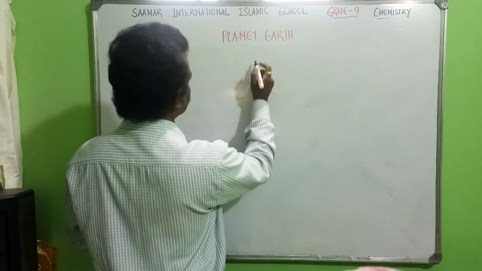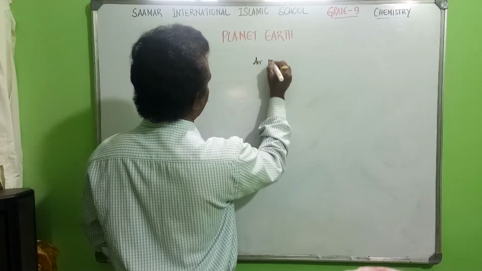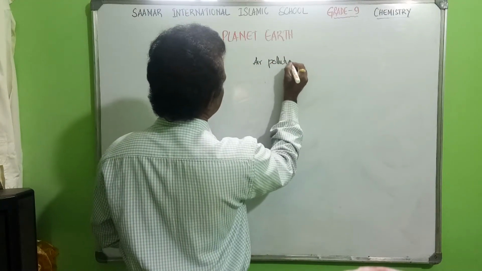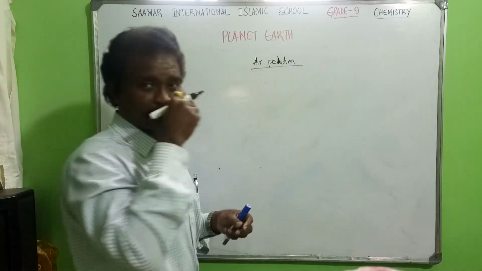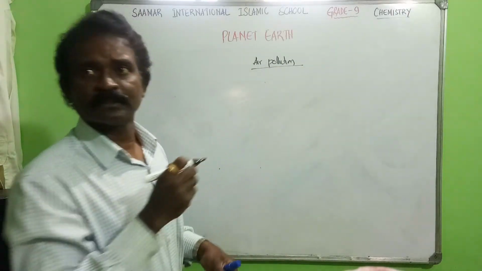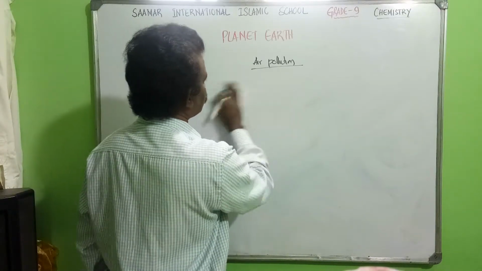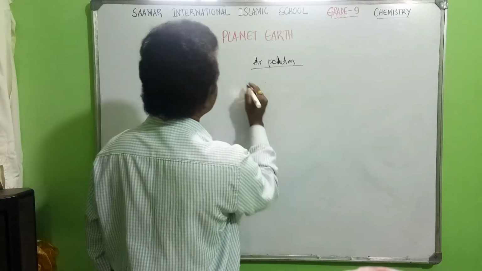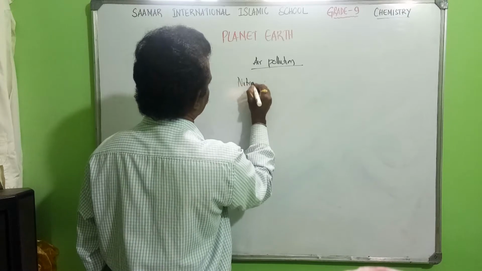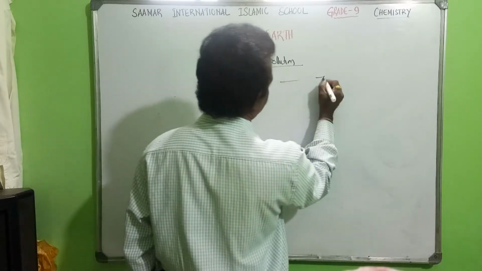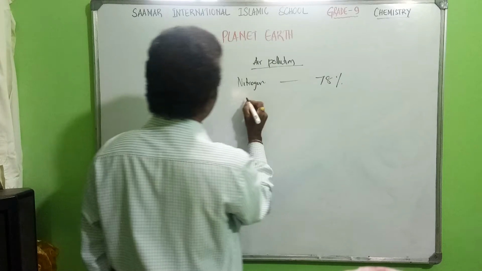So air pollution. Clear? Now, if you see, the first one is what? Which is most present in the air is nitrogen. What is the percentage of nitrogen? 78%. Next one is oxygen.